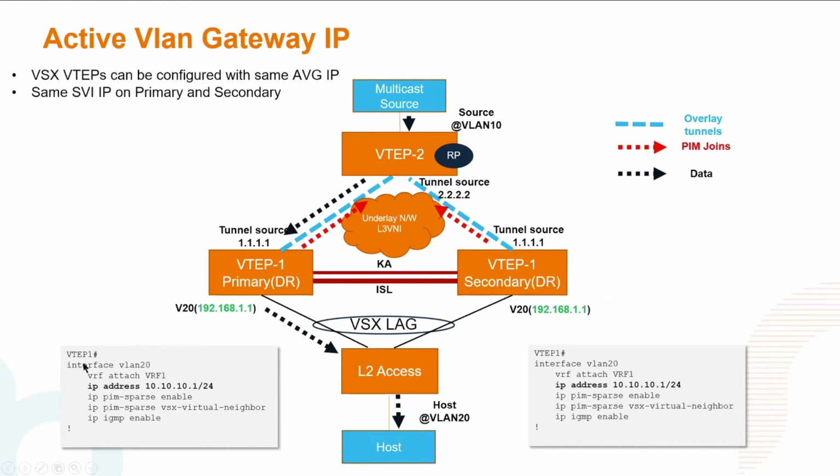This is the configuration for the same IP address and the VSX virtual neighbor. The working principle is again the same. Both will act as DR and both will send joins, and the stream will come either through the primary or the secondary. So this is the active gateway case.